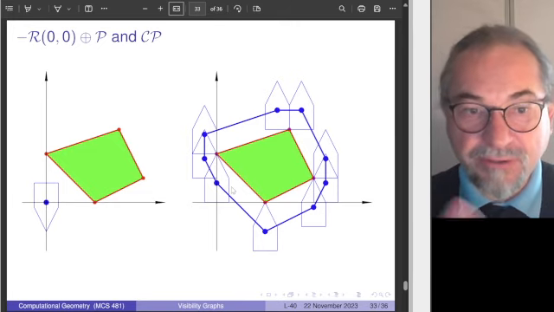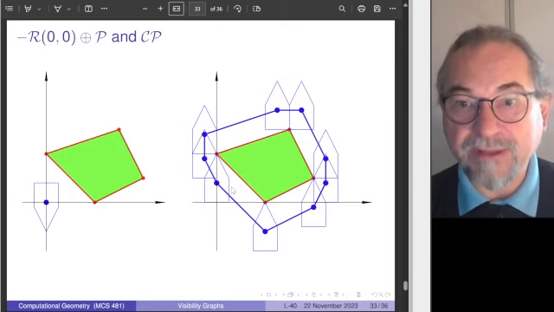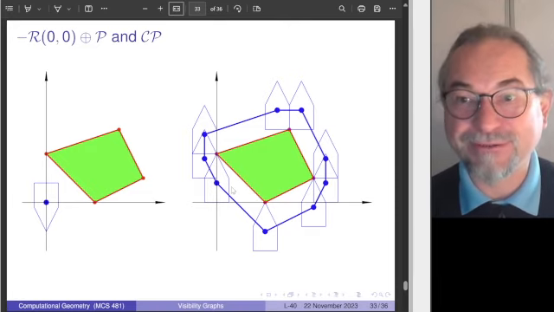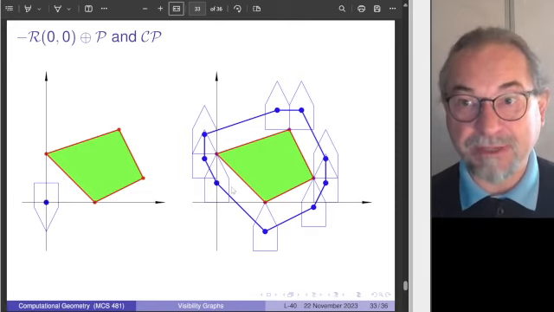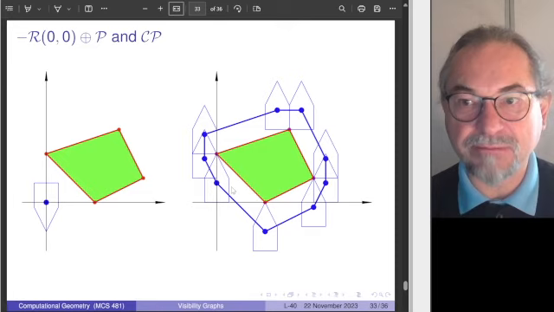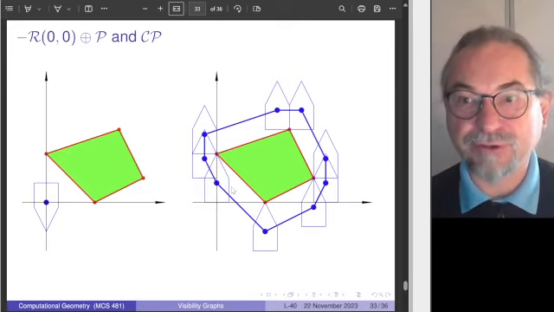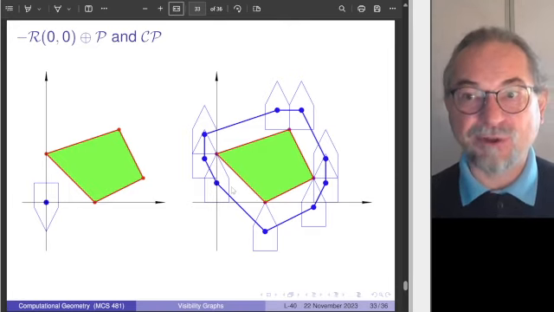If everything is in general position, the number of edges in the blue envelope is the number of edges in the obstacle plus the number of edges in the robot. That was a very important complexity result, because then computing the Minkowski sum in the plane can be done in linear time. It's like doing the merge step in a merge sort. Very attractive.